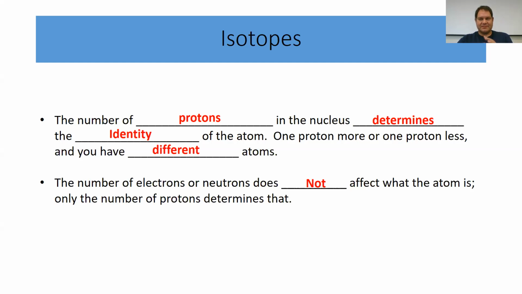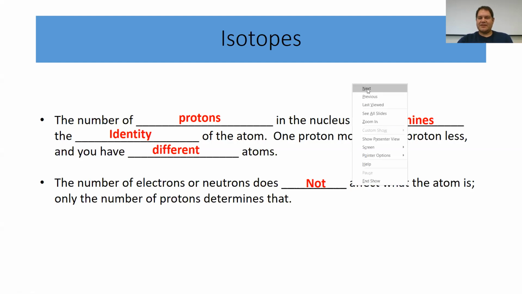Electrons and neutrons we can change, we can add, we can subtract, and it will not change the identity of the element or atom as long as the proton number stays the same. I hope we've made that clear to you.